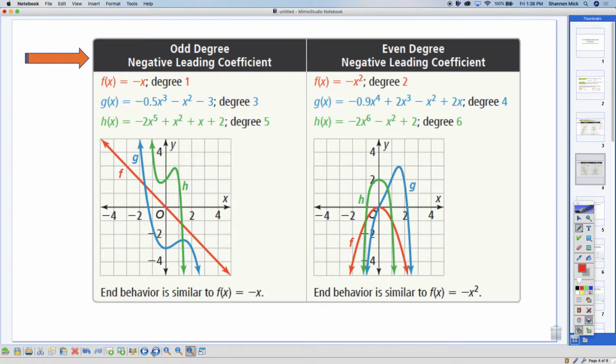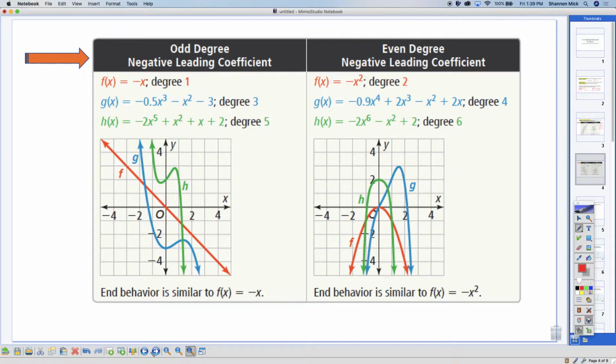Positive even. Negative even. Just trying to guess what I'm going to say, aren't you? Positive odd. Positive odd. So odd positive. There you go. Because I switched the order, right? I still got it.